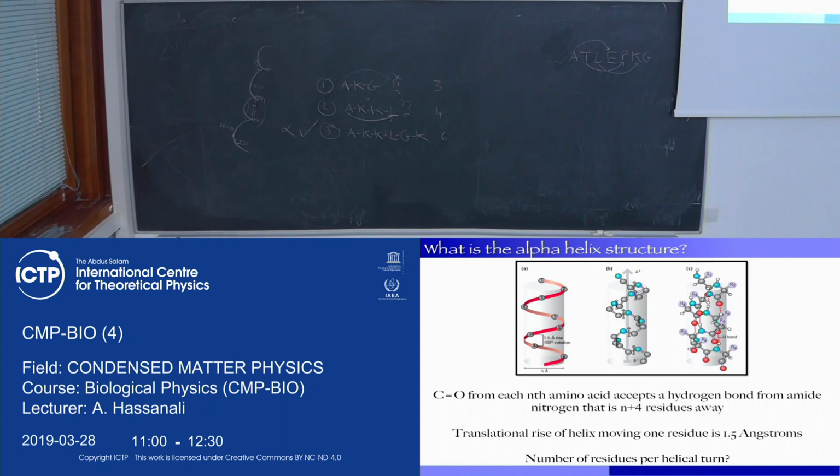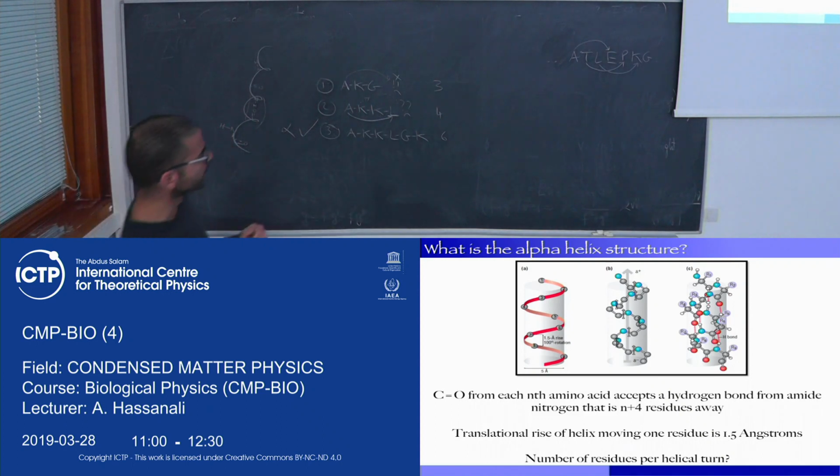Just one question. While saying that it's N plus 4 residue away, it's because of the packing, right? It's because of the coil. Yes. So can't we have a different kind of coiling, and make it interact A to Z, let's say? If the coiling is long, then in the middle there are other stuff. Tighter coiling.